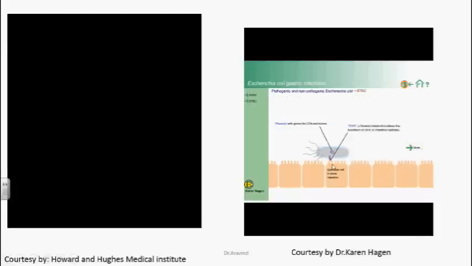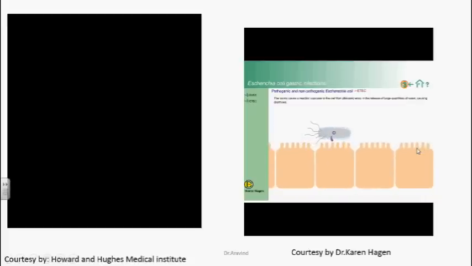Whenever it attaches, with the help of bundle forming pili or colonizing factor antigens, after attachment it secretes the LT and ST toxins, heat labile toxin and heat stable toxin. Whenever it secretes, there will be a fluid loss into the lumen, which can lead to diarrhea.